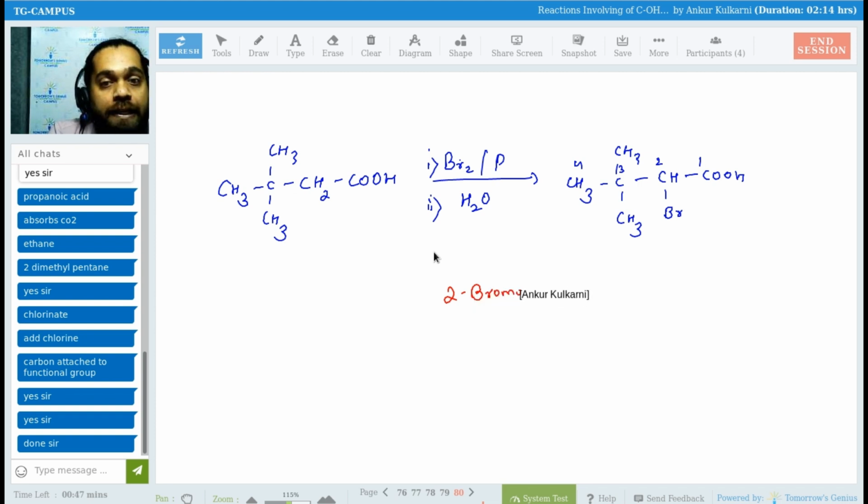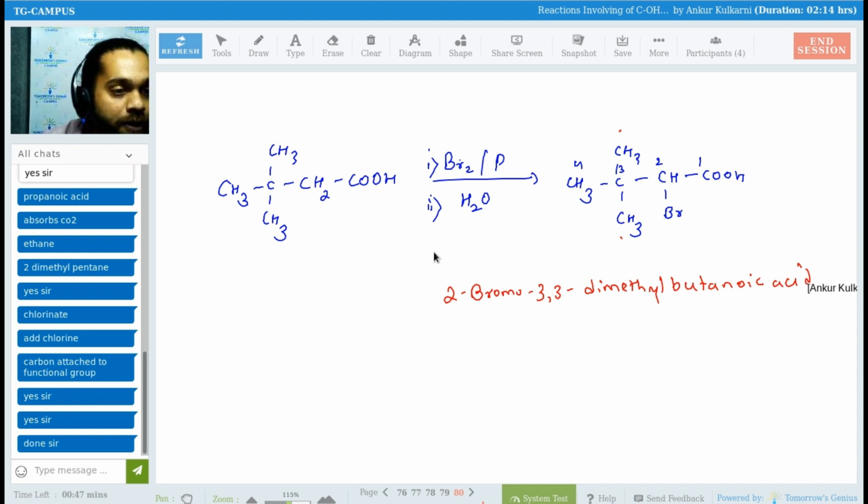Both methyls are on the same carbon, Bhuvneshwari, on the third carbon. You have to number both the methyls. So what you'll write is 2-bromo-3,3-dimethyl. Four carbons means what? 1, 2, 3, 4, butanoic acid. Come on, write it down. I hope it is clear, Bhuvneshwari. Do not make a mistake in the UPSC. Prashanti, is it clear?